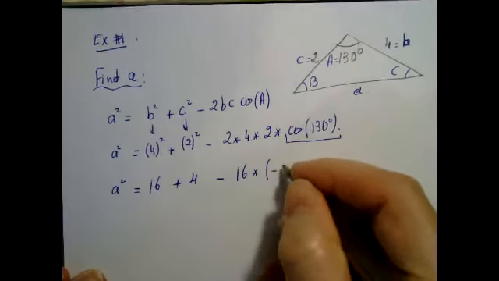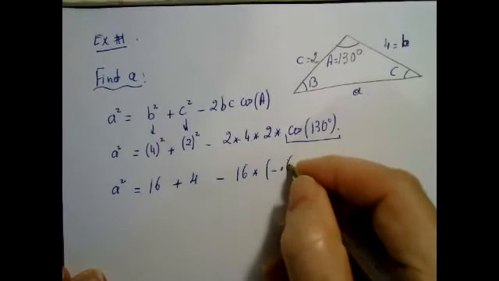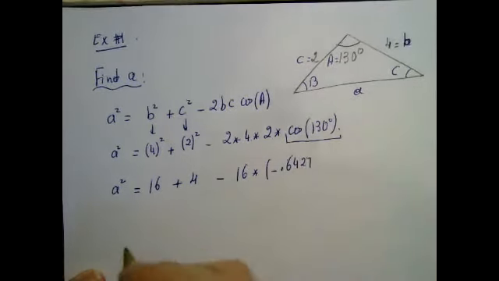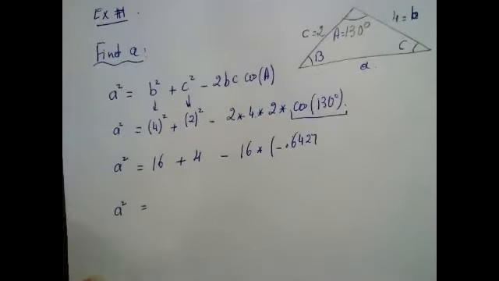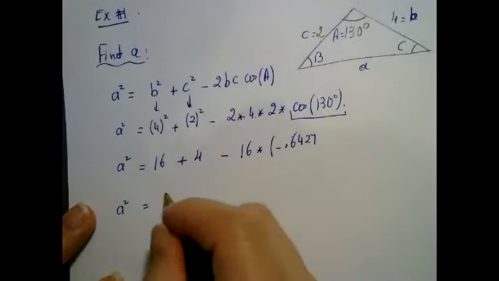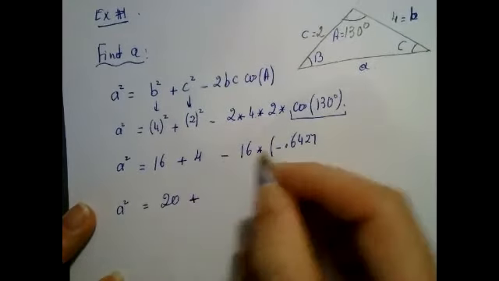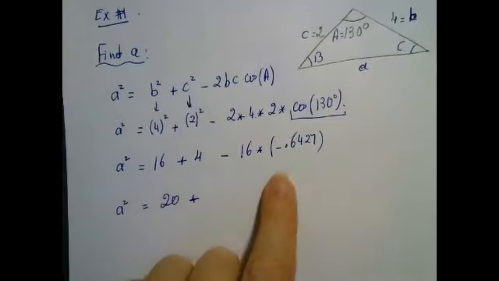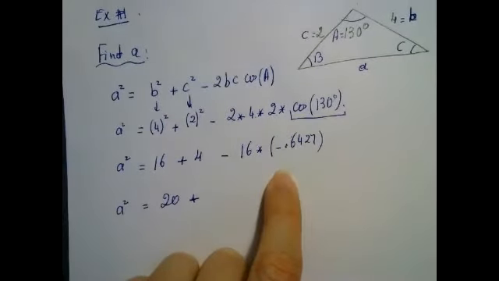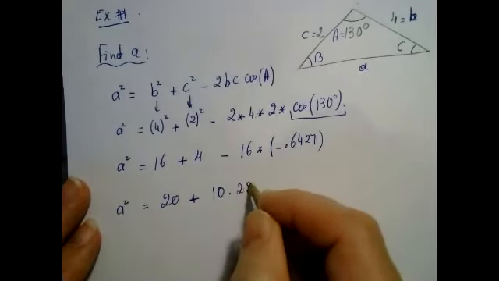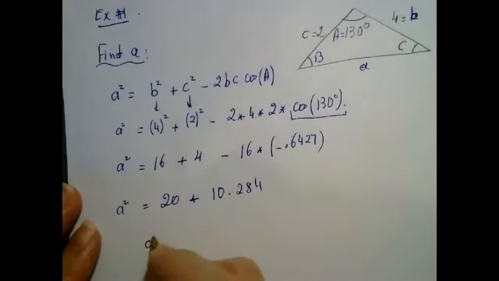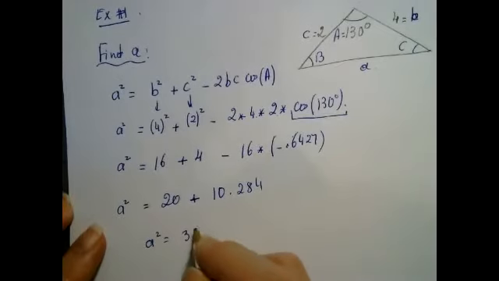So 16 times minus 0.6427, and now we have to evaluate a squared. So a squared is 20 plus, minus minus, I multiply 16 by that and I get 10.284.